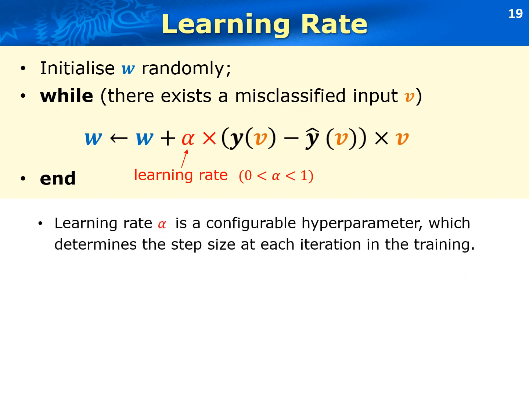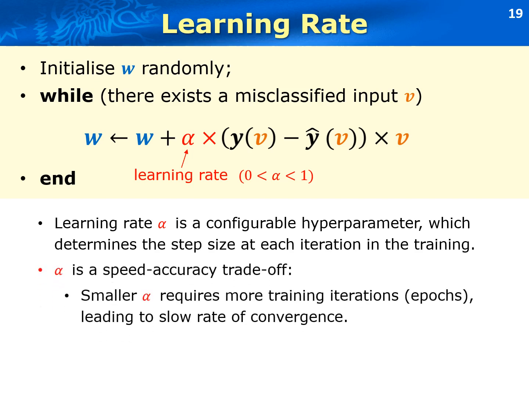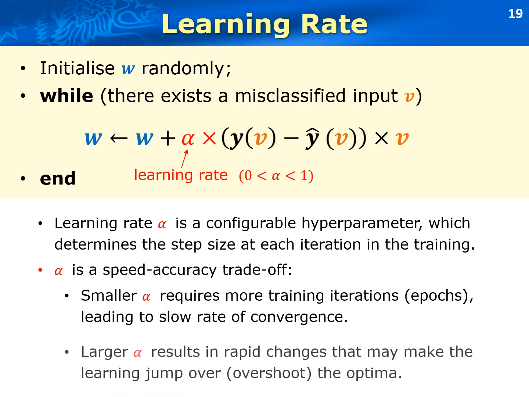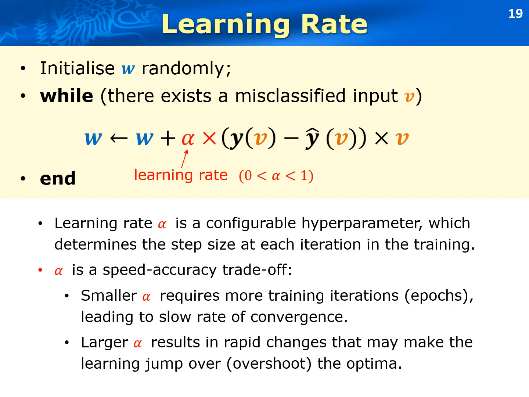We introduce alpha because it determines the step size at each iteration in the training, which is a speed-accuracy trade-off. If alpha is set to be smaller, it will take more training iterations, leading to a slow convergence rate. In contrast, a larger alpha will result in rapid changes that may make the learning jump over the optimal solution.